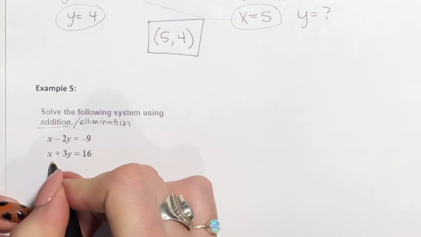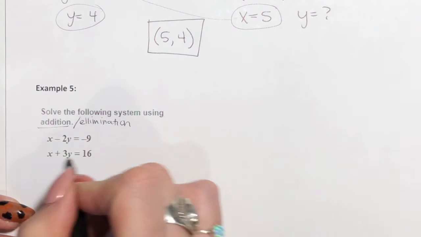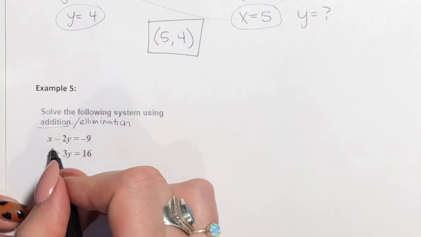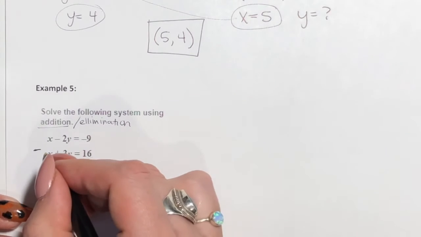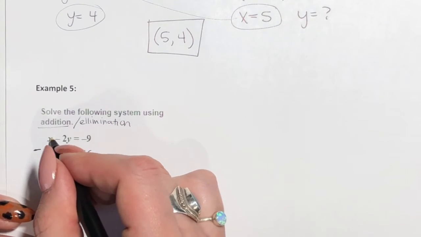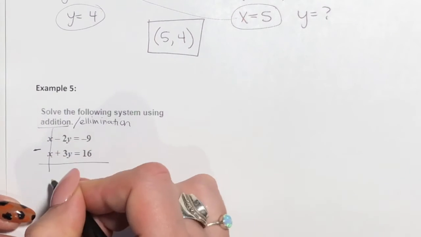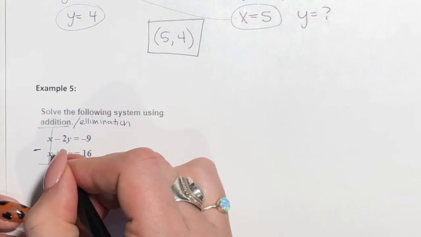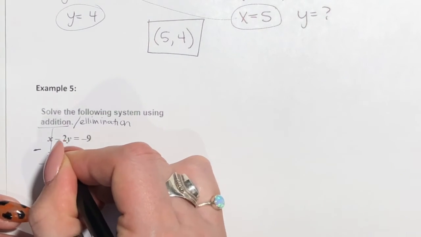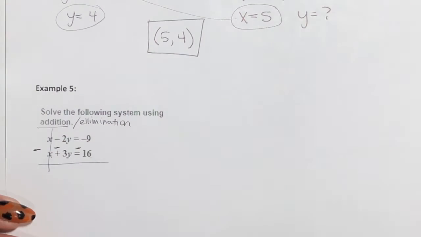So if I look at these two equations, I have an x here and an x here. So if I subtract this row, x minus x, those are going to cancel, and then I don't have any x's left. Now remember, we're subtracting. I'm also subtracting this, and I'm also subtracting the 16.